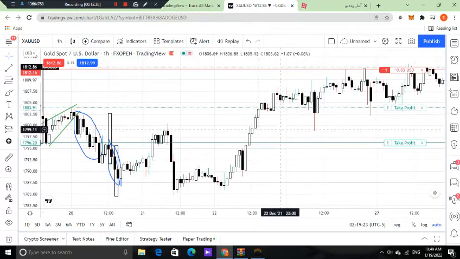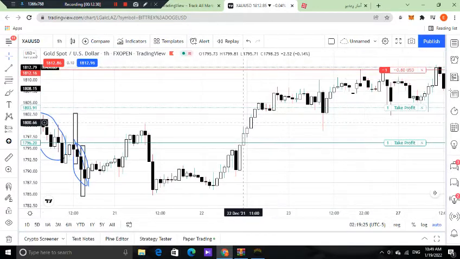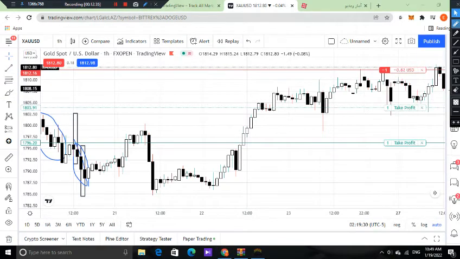It definitely hit the target, but this is your final flag because the trend went into a trading range and turned into a trading range after that.